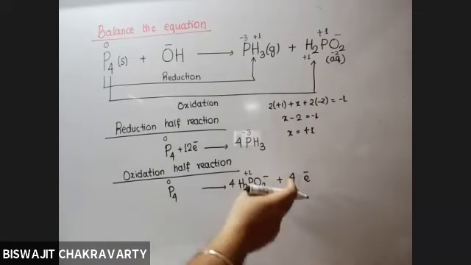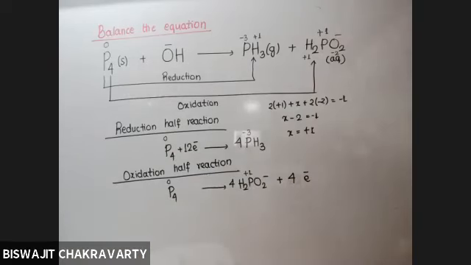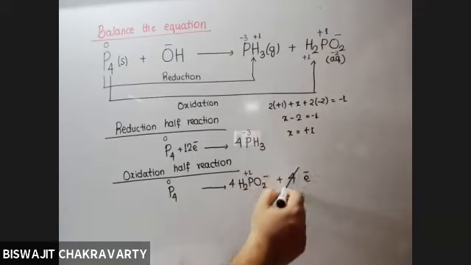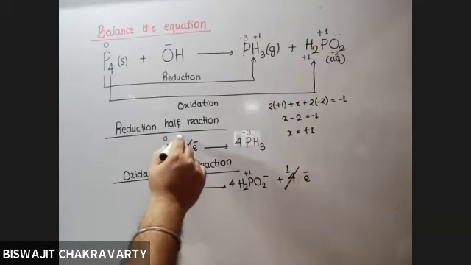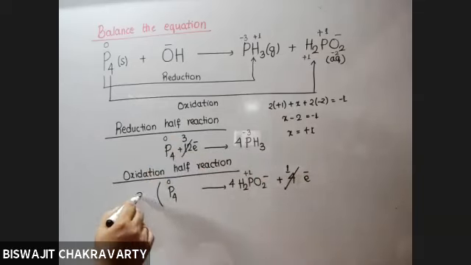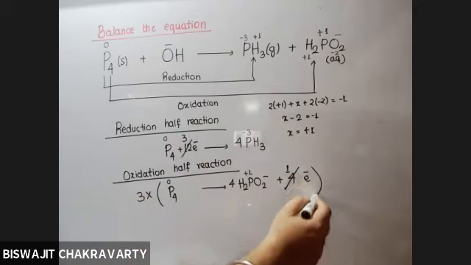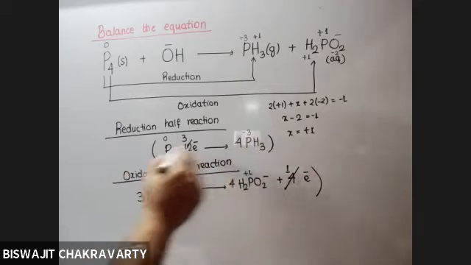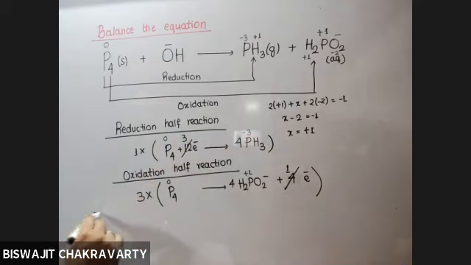Can we simplify 4 and 12 further? Yes, sir. So cross multiply the second equation with 3 and first equation with 1 and add it up.